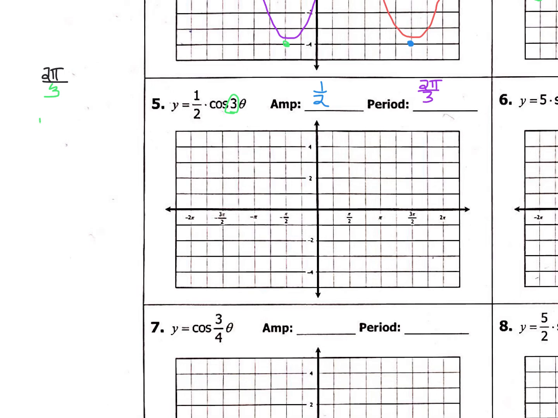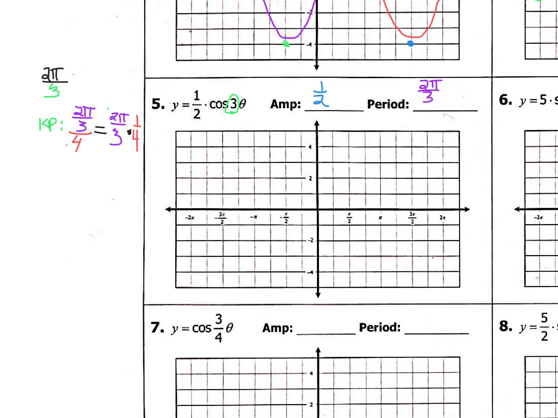So our key points, remember we're always going to take our period, so our new period is 2 pi over 3, and we're going to divide that by 4. So we're going to keep, change, flip. 2 pi over 3 times the reciprocal of 4 is 1/4.